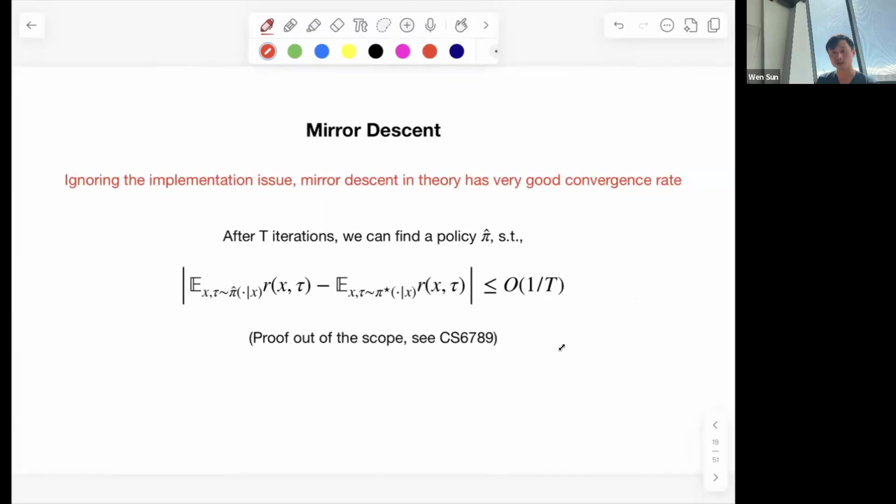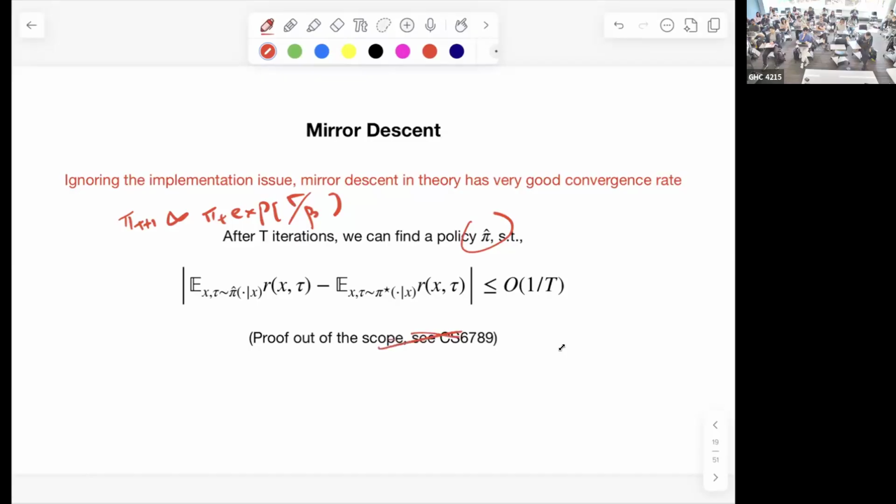After capital T many iterations, if you keep doing pi t plus 1 proportional to pi t times exp of r over beta, then you're guaranteed to find a policy pi hat such that the performance gap between your policy and the optimal policy in terms of maximizing the reward shrinks at the rate of 1 over capital T. That's pretty good. 1 over T is a pretty fast convergence rate. This is the slides that I use for my class, so I guess you saw the proof. All right, cool.